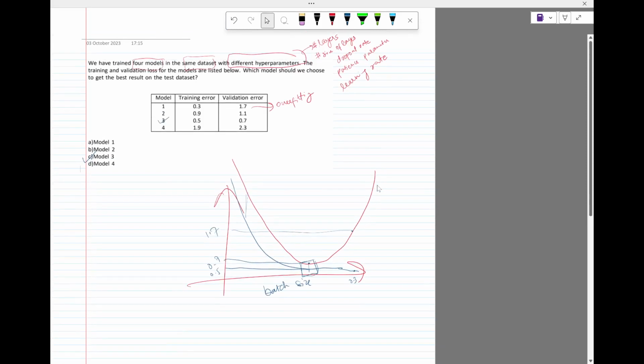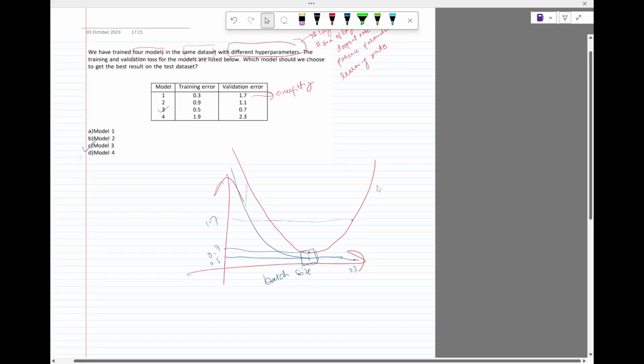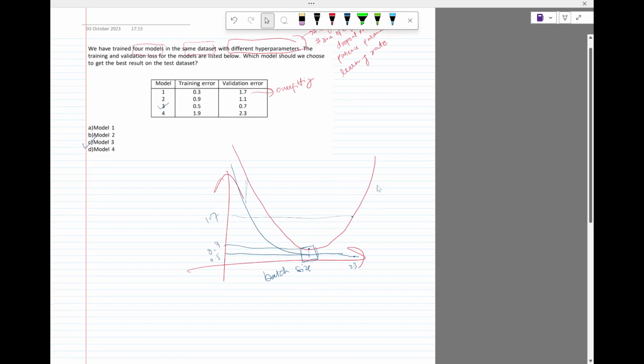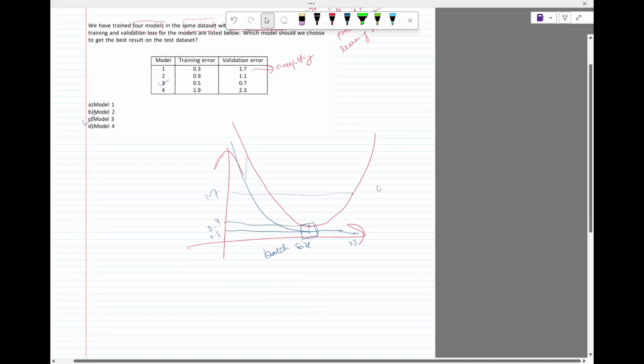Okay, so these hyperparameters are not part of the set of parameters that you learn via gradient descent. What you learn via gradient descent is the weights of your neural network connections from one layer to the other.